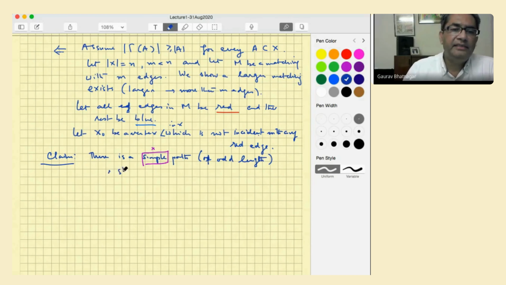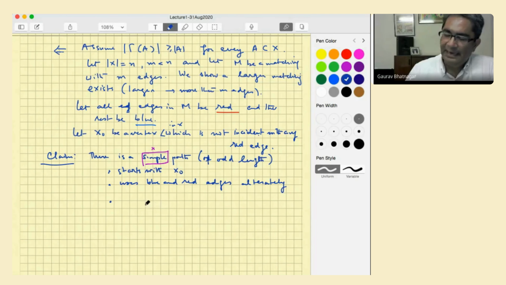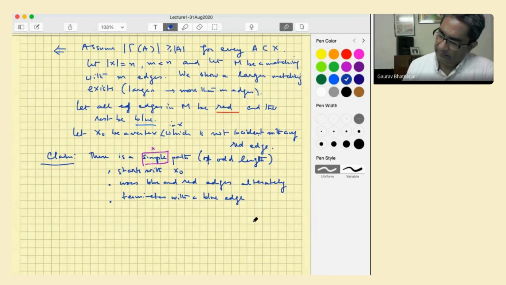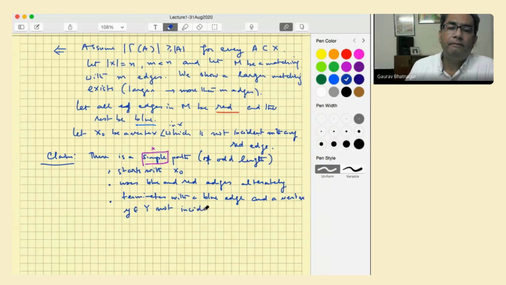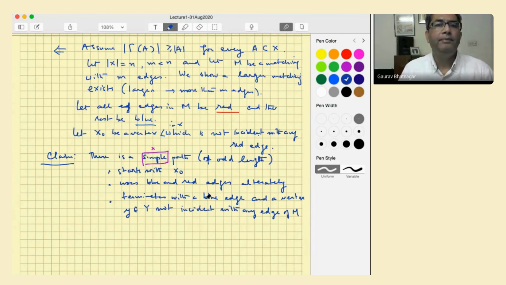It starts with x0, uses blue and red edges alternately, and it terminates with a blue edge and a vertex y belonging to capital Y, which is not incident with any edge of M. Here M is the matching.